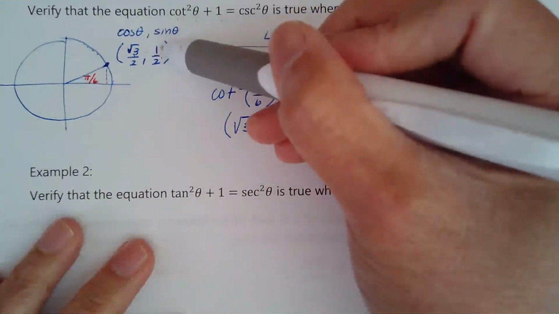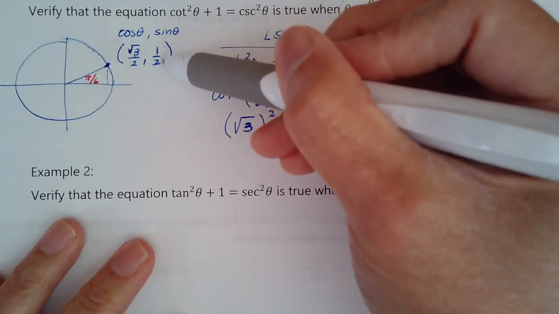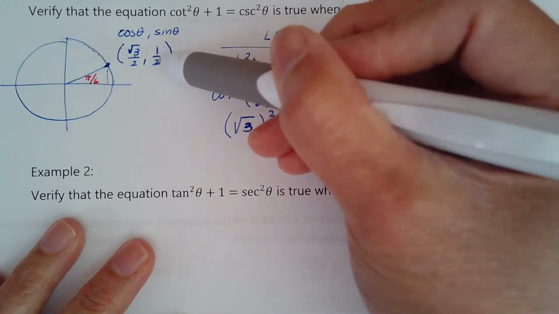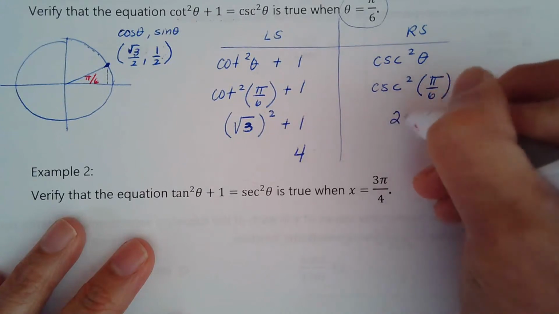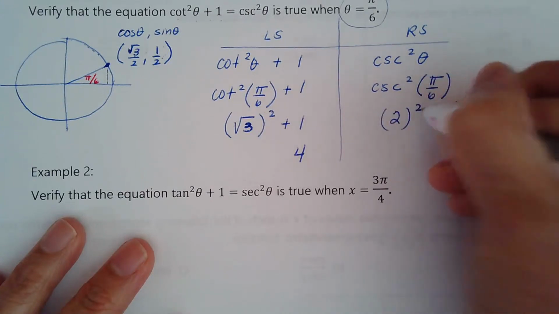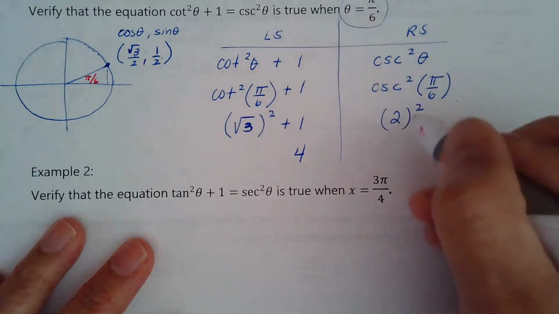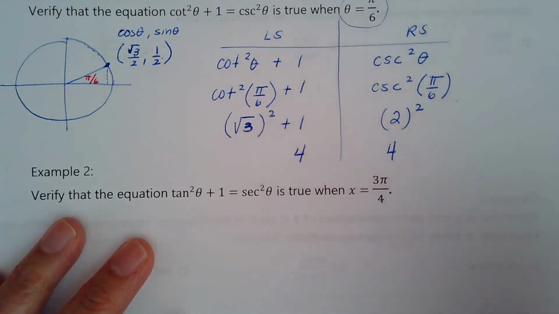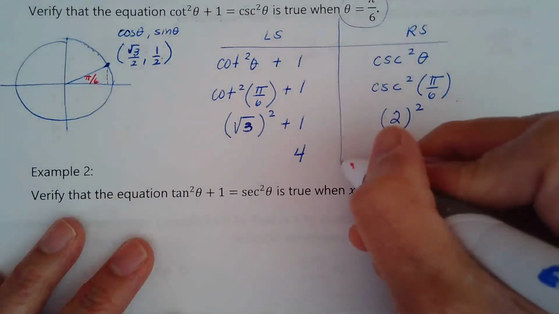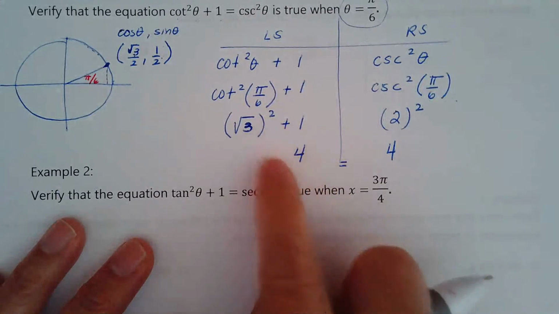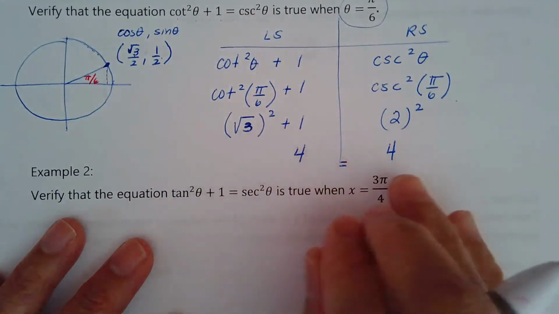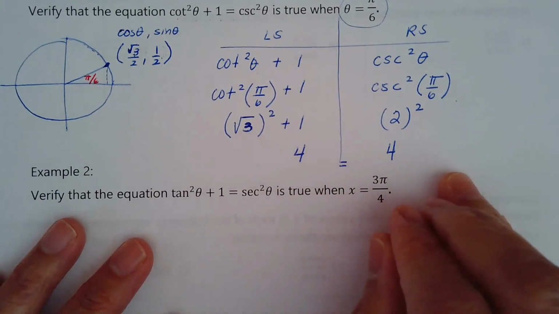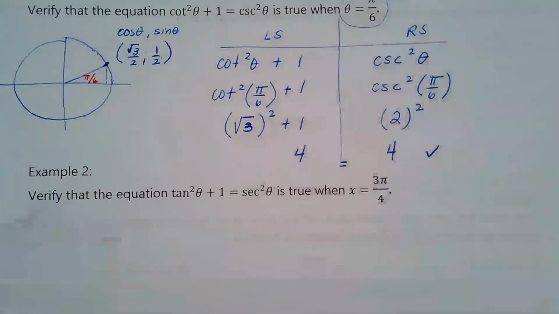So if the sine is 1 half, the cosecant is the reciprocal of sine, so it's going to be 2. 2 squared is equal to 4. So we said the left side is equal to the right side. So that's how we would verify our answer. Okay, so it's correct.